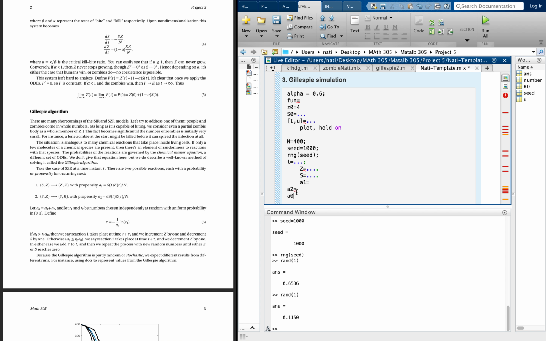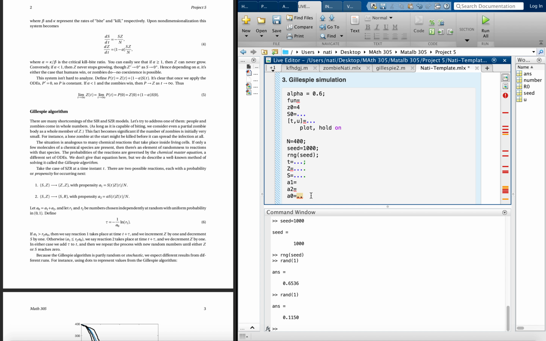So we can call it A0, same as in the PDF, and A0 is just going to be the sum of A1 and A2. Sorry, I know this looks messy, but it doesn't matter. Okay, so now we have A1, A2, and A0, which is all the numbers we need.